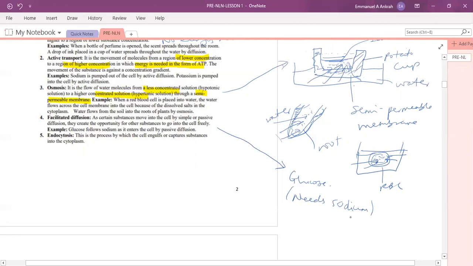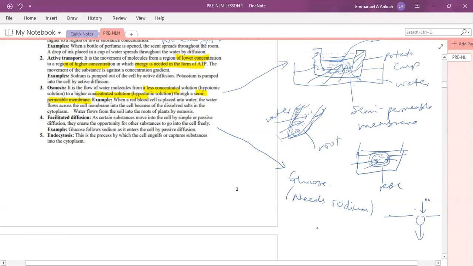Because sodium can go into the cell easily. So as sodium goes into the cell, glucose follows it. Okay, so sodium goes in, and then the glucose follows it. So the sodium has facilitated the movement of glucose into the cell.